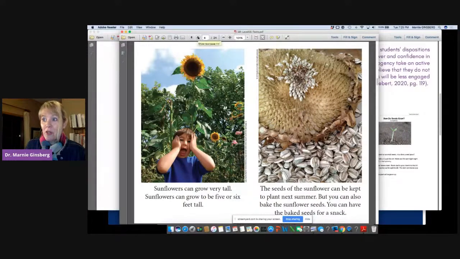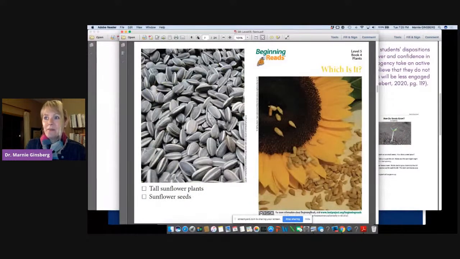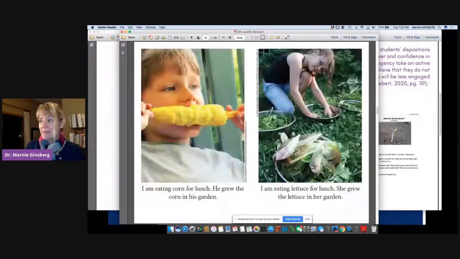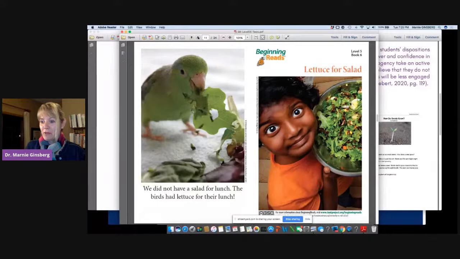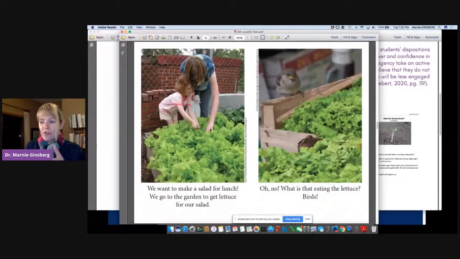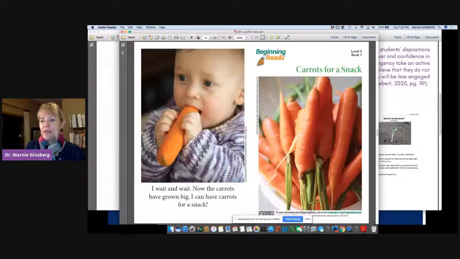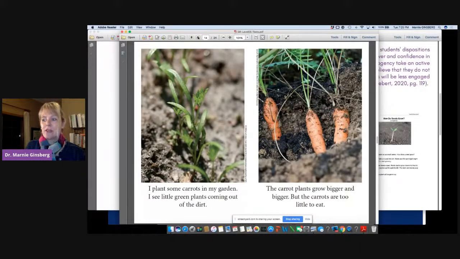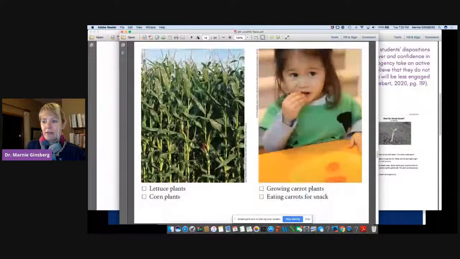And this keeps going, you guys, up to 24 pages, maybe 10 or 12 books, I'm not sure. And there's the repetition of the words across: lunch, lettuce, green, carrots, seed, plant, grow. We've got bigger and bigger. Carrots are a lot in here. Here's carrots again, lettuce again, corn again.